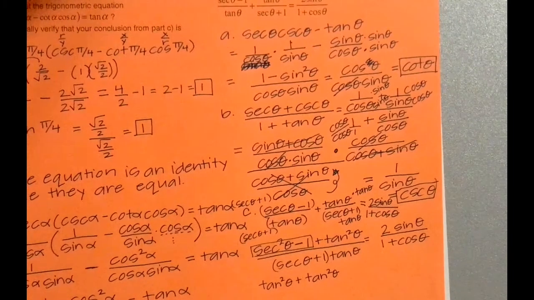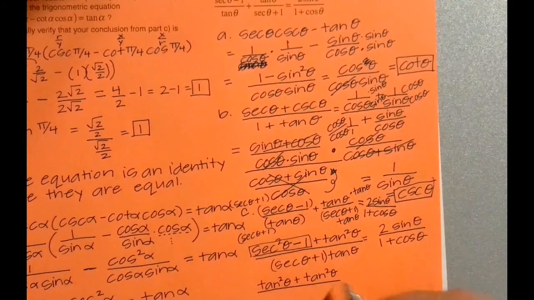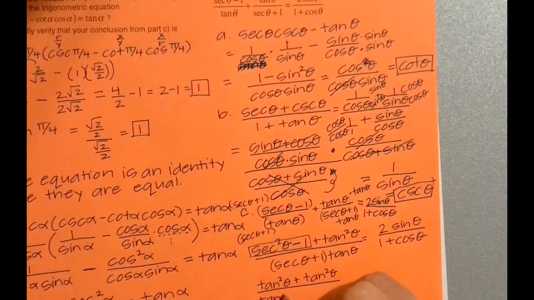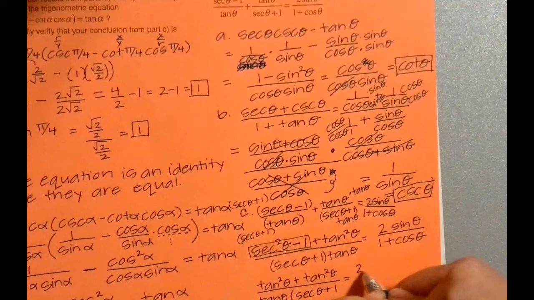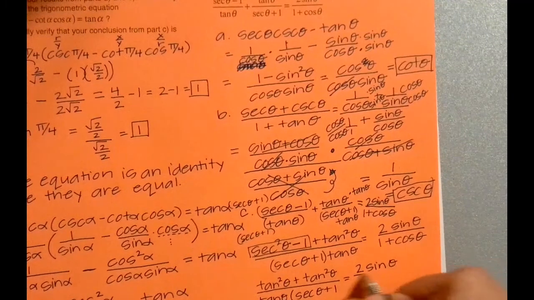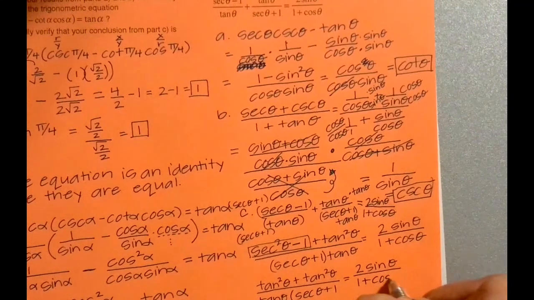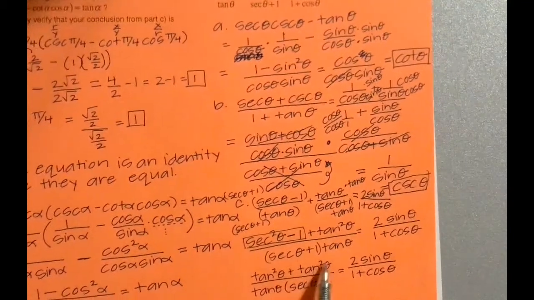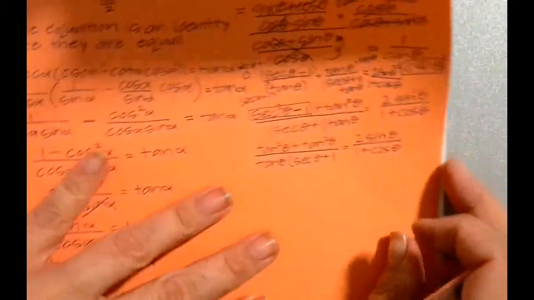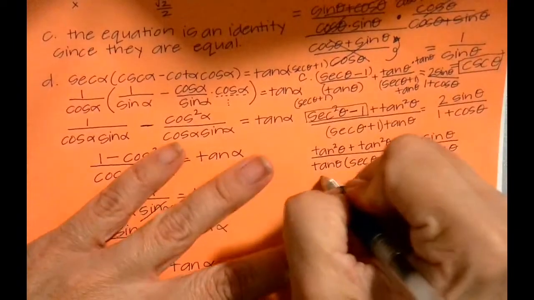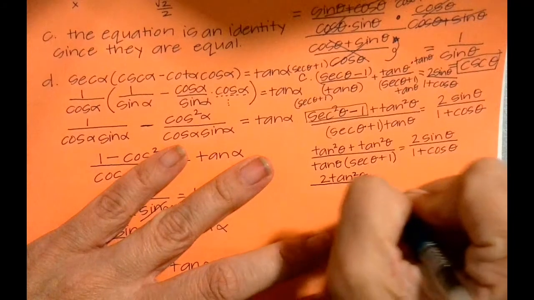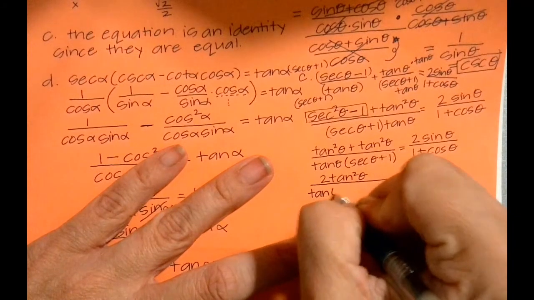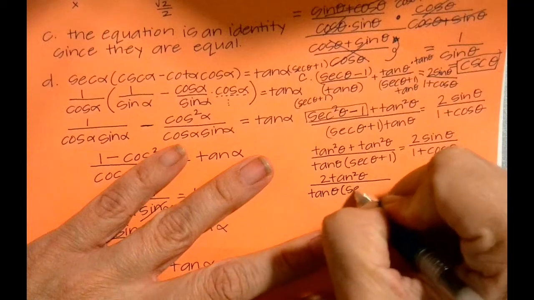And then I'm going to put that tangent theta in front now, just for fun. Okay, so now I have 2 tangent squared thetas. One of those I'm going to be able to cancel with the tangent theta in the denominator.